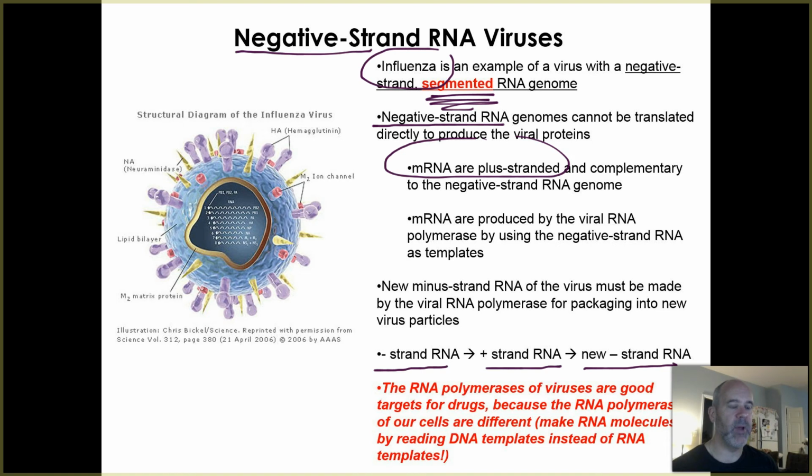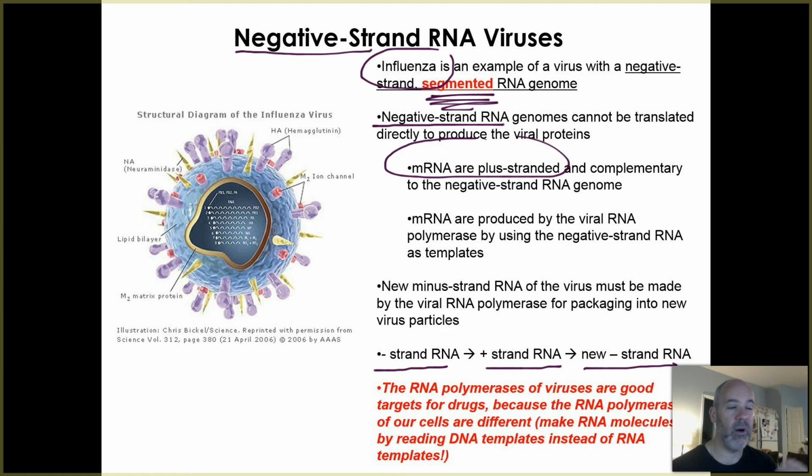One is, we talked about how DNA polymerase enzymes are good proofreaders. So if they make errors during replication, they tend to get proofread, they tend to get corrected. The RNA polymerases of RNA viruses are generally not good proofreaders, so they tend to mutate very quickly.